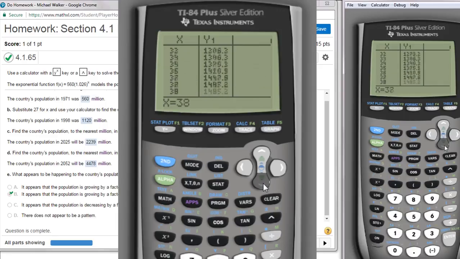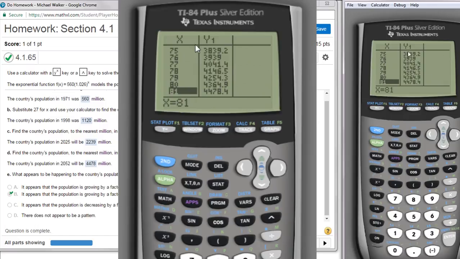I can scroll through to 54, which is 2,240 million. Then scroll through to 81, which gives 4,478 million. You still have to do the arithmetic and the subtraction correctly if you do this.